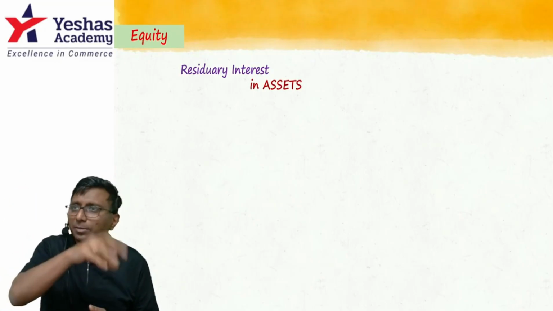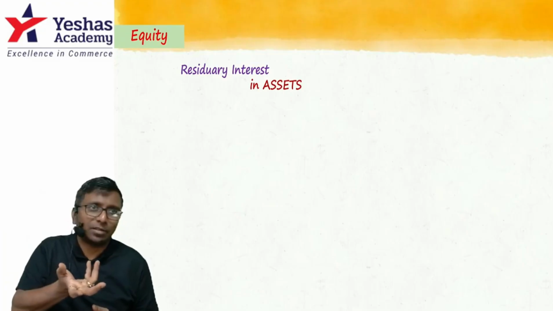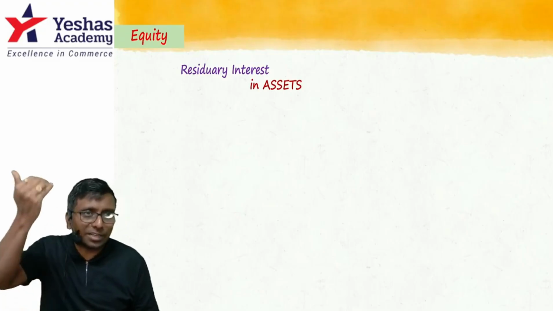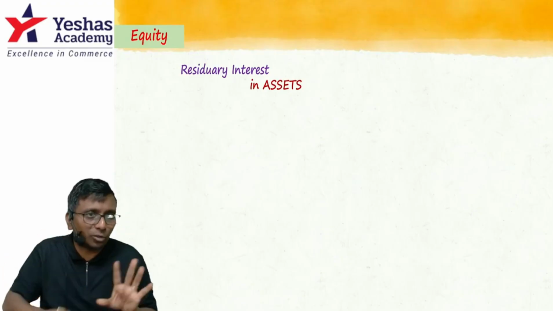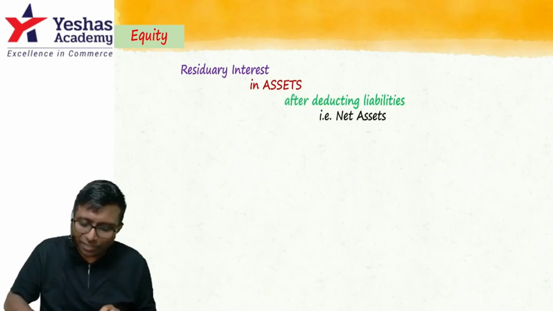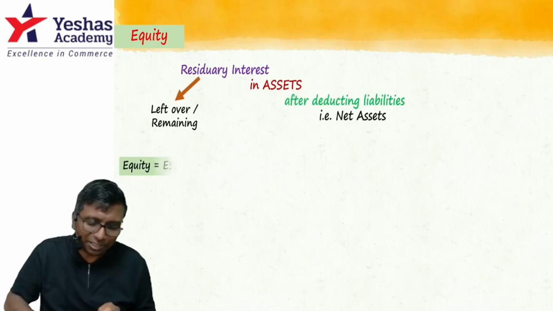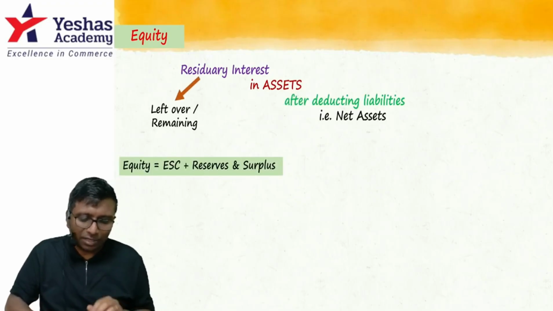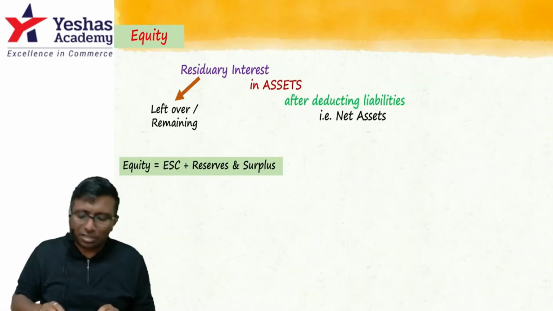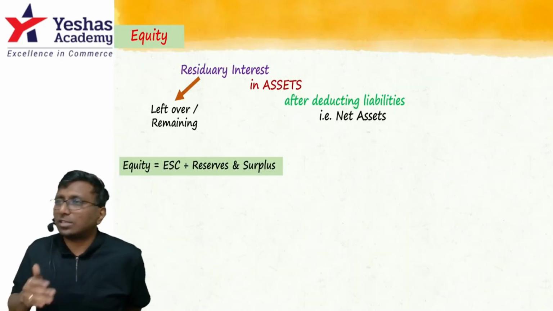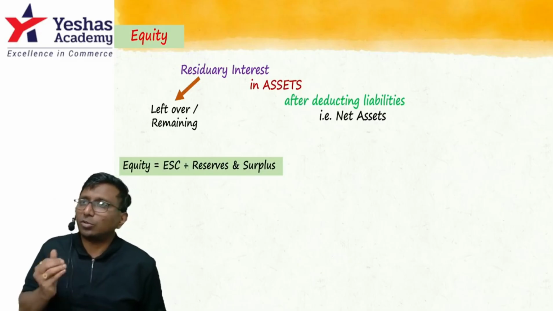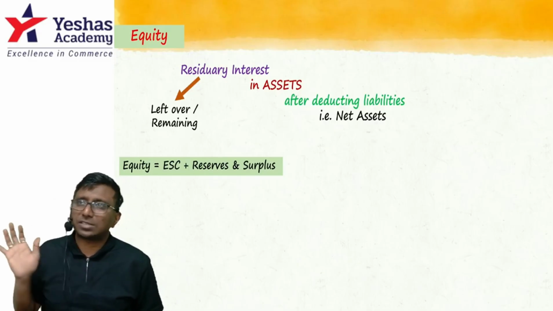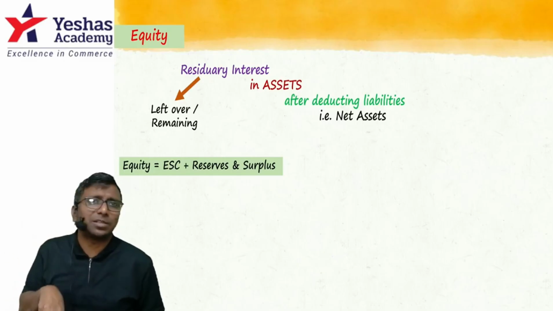Residuary means assets minus liabilities, which is net assets, or net worth. What I'm liable to pay, if I reduce that, what is leftover is equity: equity share capital plus reserves and surplus, or other equity, whichever language you want to use. I hope this is straight and simple. There is nothing much involved in this.